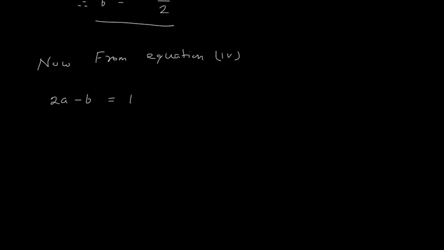So therefore 2a minus the value of b, minus 1 by 2, is equal to 1. So therefore I have 2a plus 1 upon 2 is equal to 1.